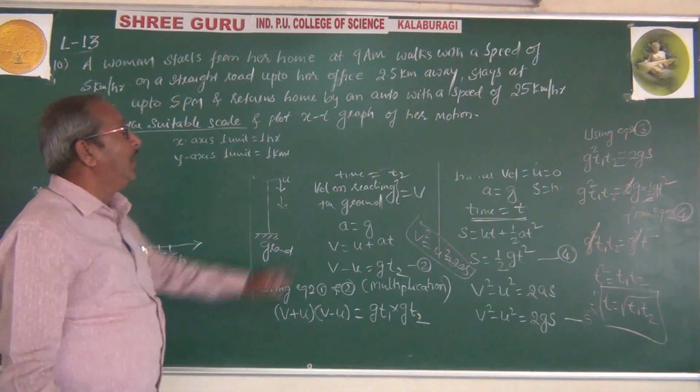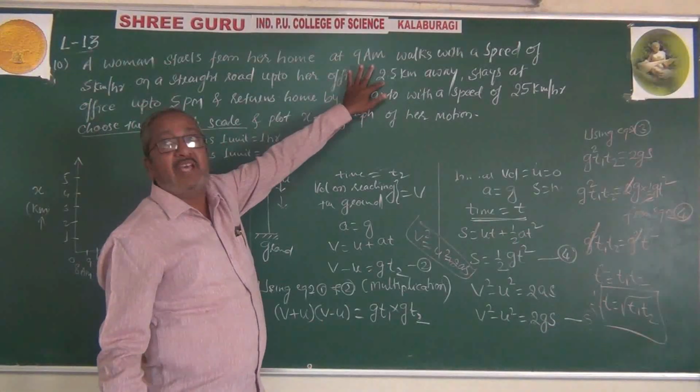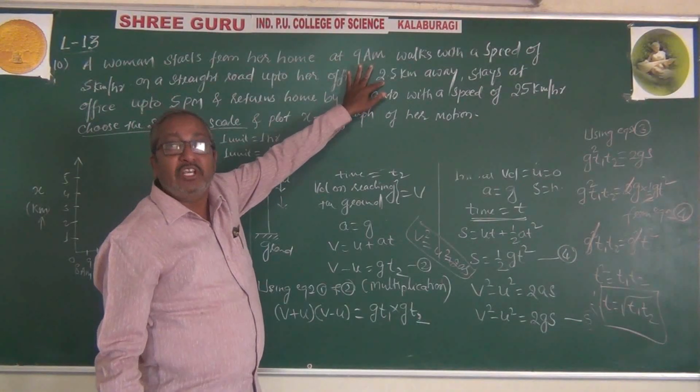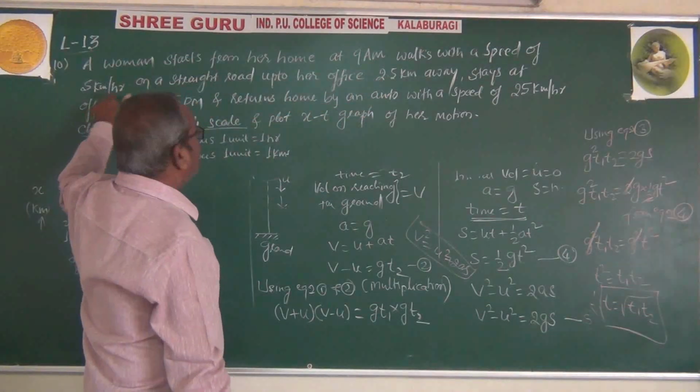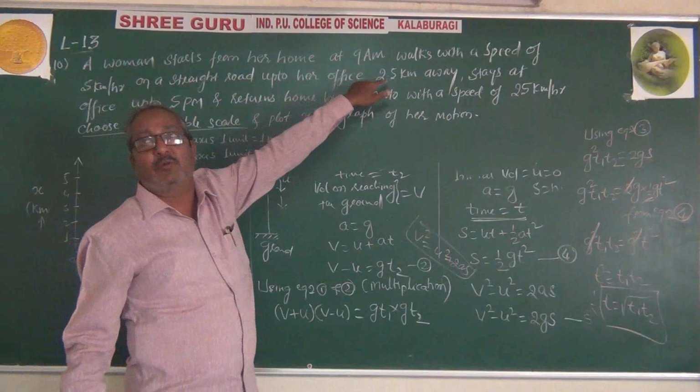First you have to find out how much time she has taken to reach the office with a speed of 5 km per hour, and the distance is how much?